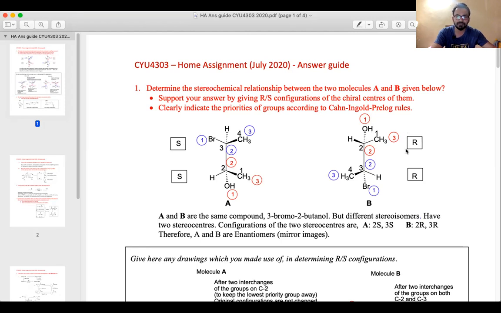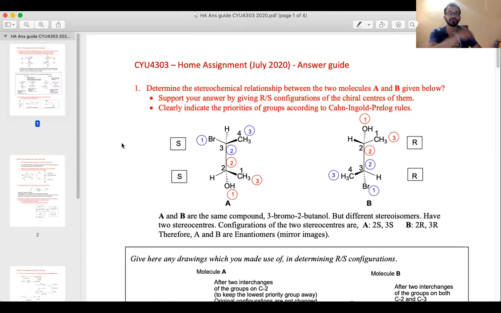So it means what? What is the relationship? They are enantiomers, right? Looking at it directly we cannot see whether it is mirror image or not, but considering the R and S structure, we can see SSRR, right? So in addition to this, I am going to mention some other thing.